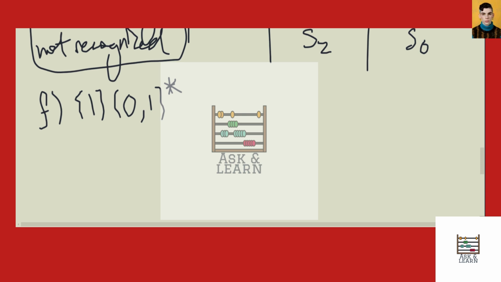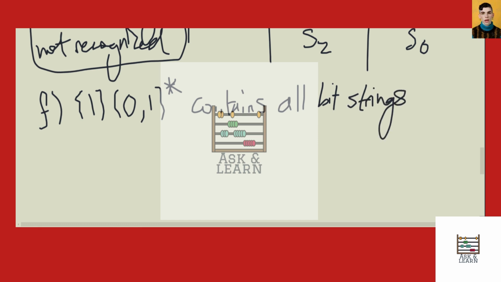In other words, it contains all possible bit strings. So it follows that this set contains all bit strings starting with a 1.